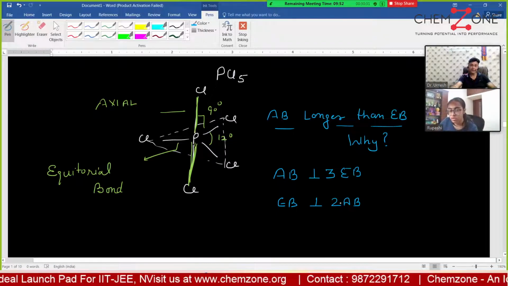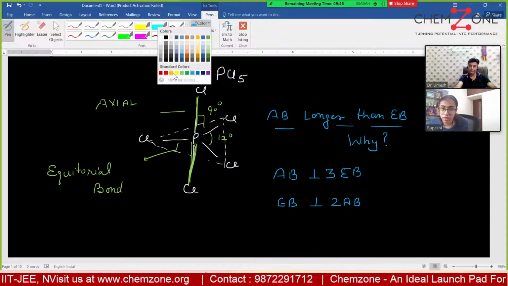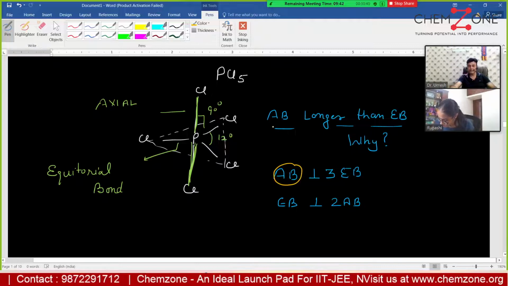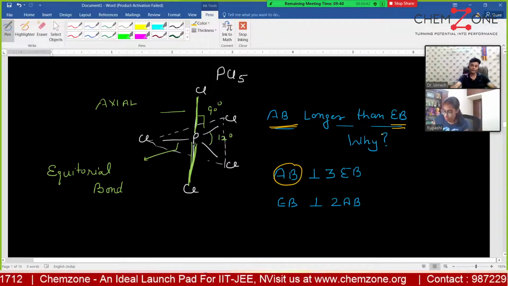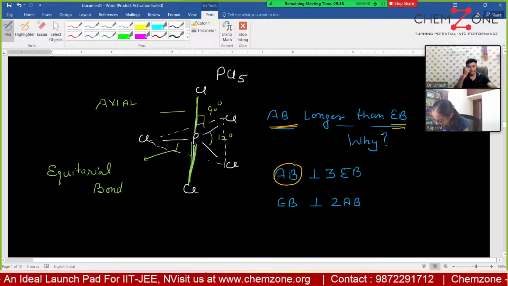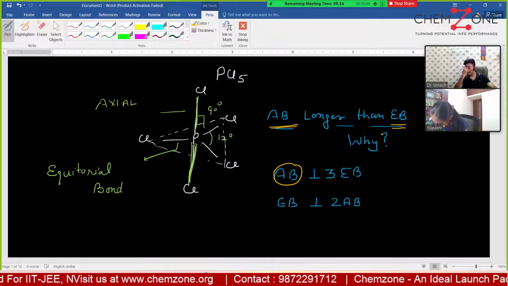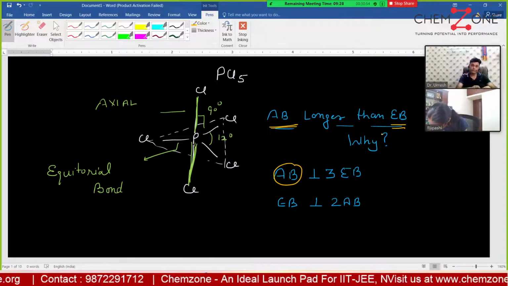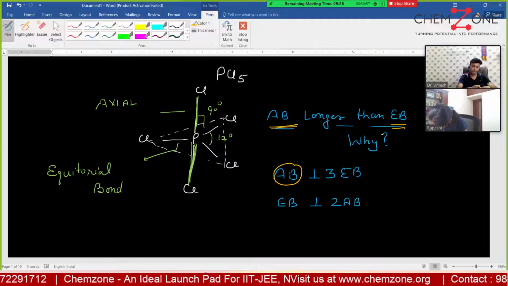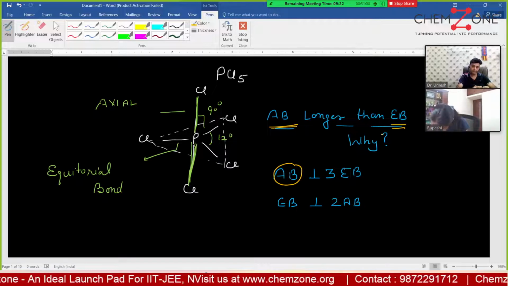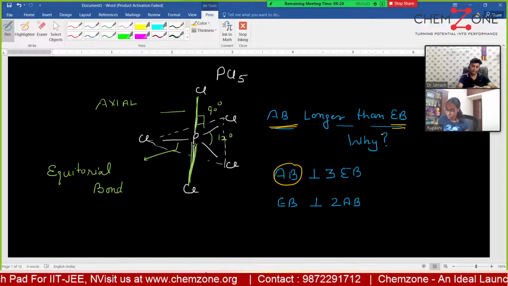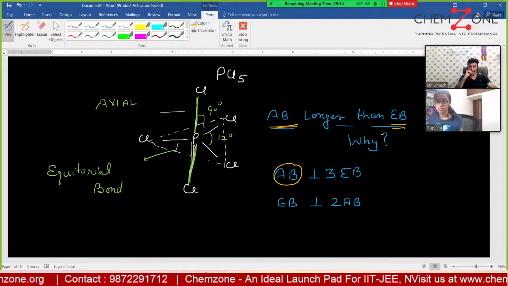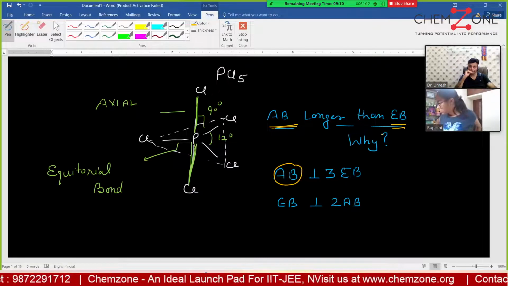So which is experiencing more repulsion? The axial bond. Since it is experiencing more repulsion, that is why the axial bond is longer than the equatorial bonds. Understood?